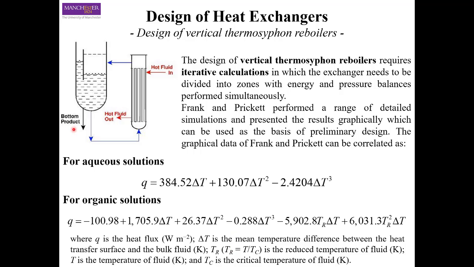So we introduced several empirical relations in this lecture related to the boiling of the system, and you might see many other correlations in the literature as well. So please bear in mind that none of them is correct.